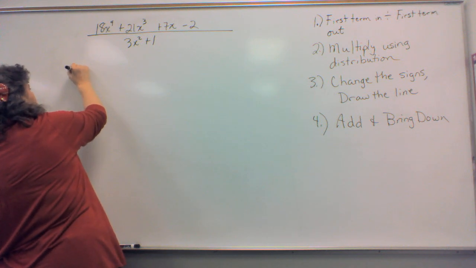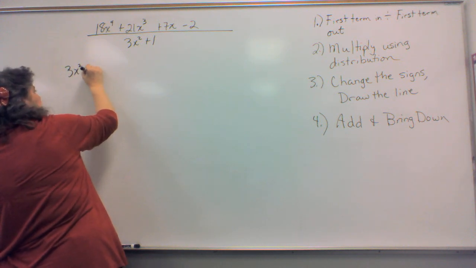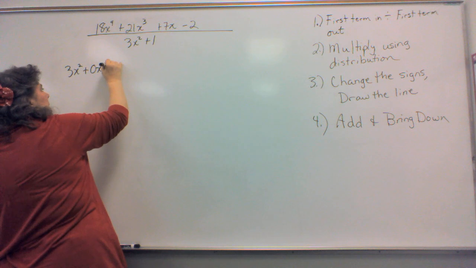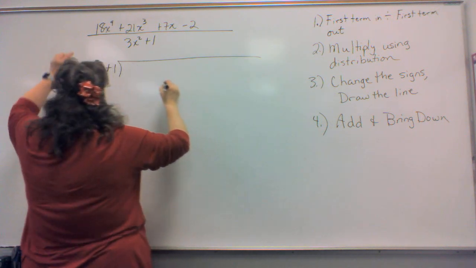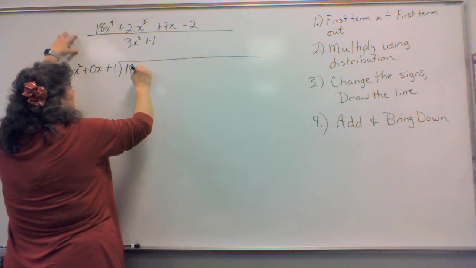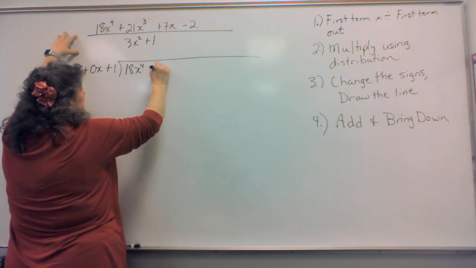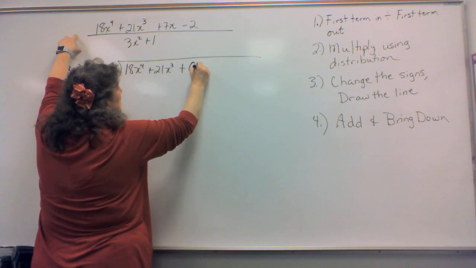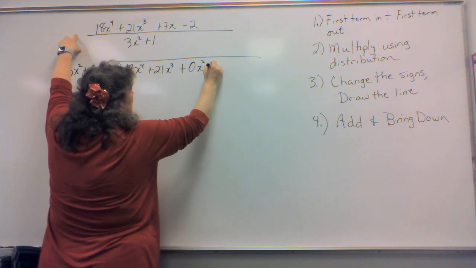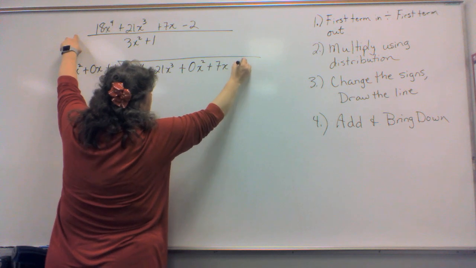So 3x squared plus 0x plus 1. That gets our term in that we need. And now we have 18x to the 4th plus 21x cubed plus 0x squared plus 7x minus 2.